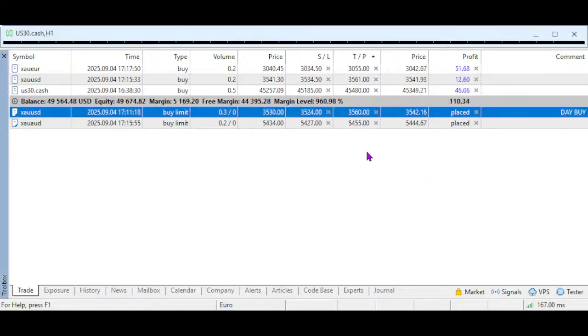So we have keyed in all the TP. Let's see how we can get the maximum out of this.